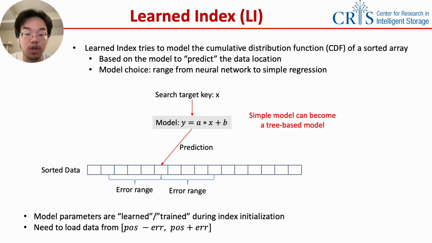We could vary the model complexity based on the data distribution as needed. The simplest model could be linear regression, and it can also be as complicated as neural networks. And because the prediction is not always accurate, we may need to load the data in the neighborhood around the predicted location.